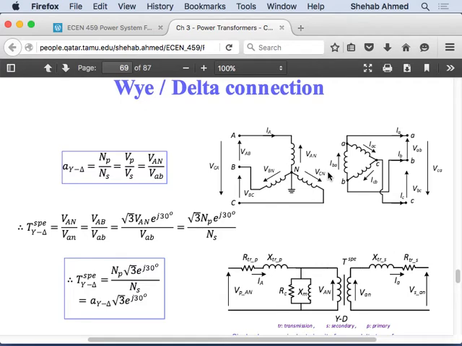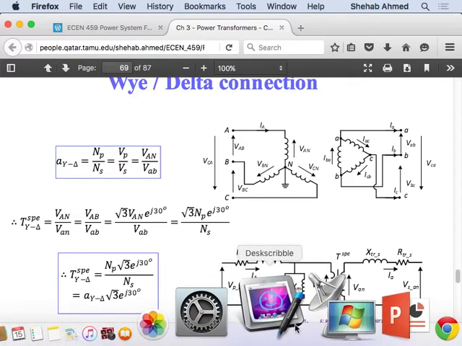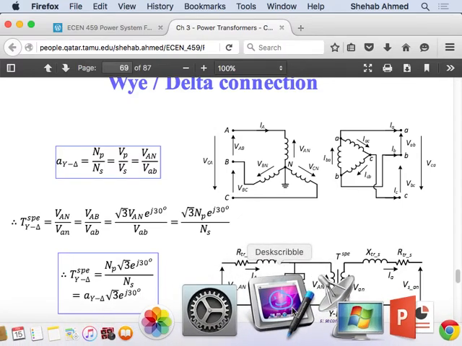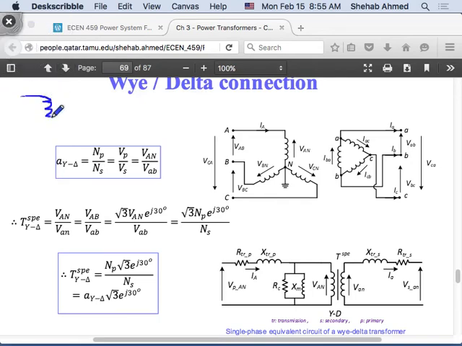And then when we want to draw, I cannot just take the star delta transformer and draw a single phase equivalent and put n primary and n secondary on the single phase equivalent circuit, right? For a star star or a delta delta transformer, I can draw my single phase equivalent circuit of the transformer and put n primary here, n secondary here.